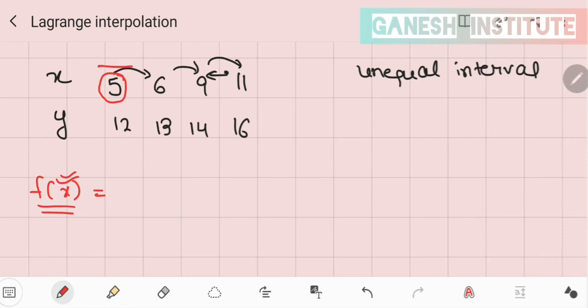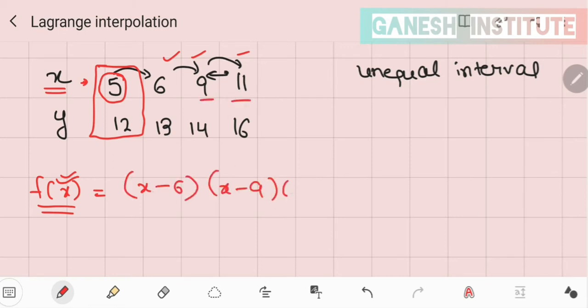Leave this, hide this, don't think about it for a moment. These, 6, 9, 11, are the x terms, right? So mark them as x minus 6, x minus 9, x minus 11, and you need to multiply and divide with the values here.